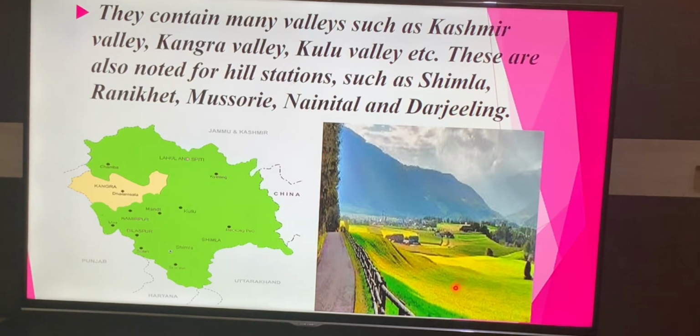This is a picture of a valley. So in the Lesser Himalaya, it contains many valleys like Kashmir, Kangra and Kulu Valley. There are also many hill stations here: Shimla, Nainital, Darjeeling.